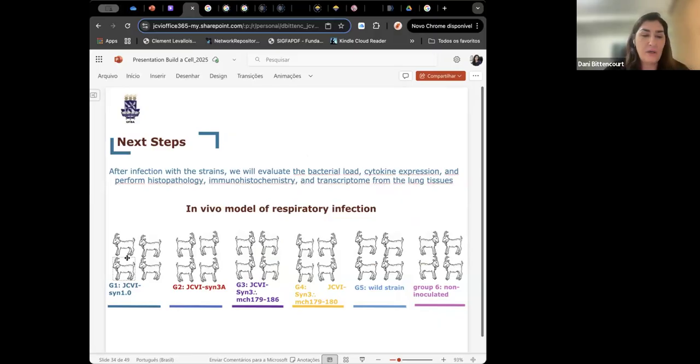We will infect goats with the whole strains and evaluate the bacterial load, cytokine expression, perform histopathology, immunohistochemistry, and transcriptome analysis from the lung tissues. After we perform these, we believe we will have a better clue about how these cells could or could not be used as vaccines.